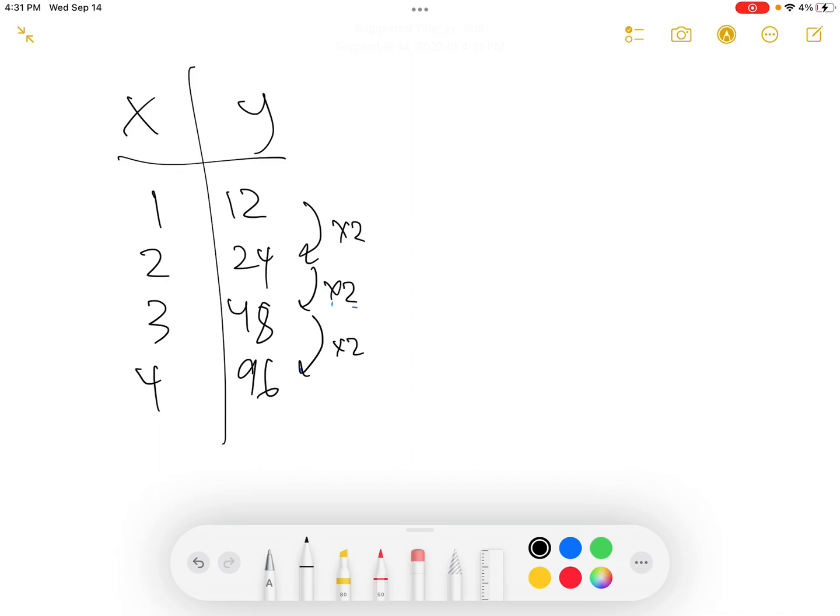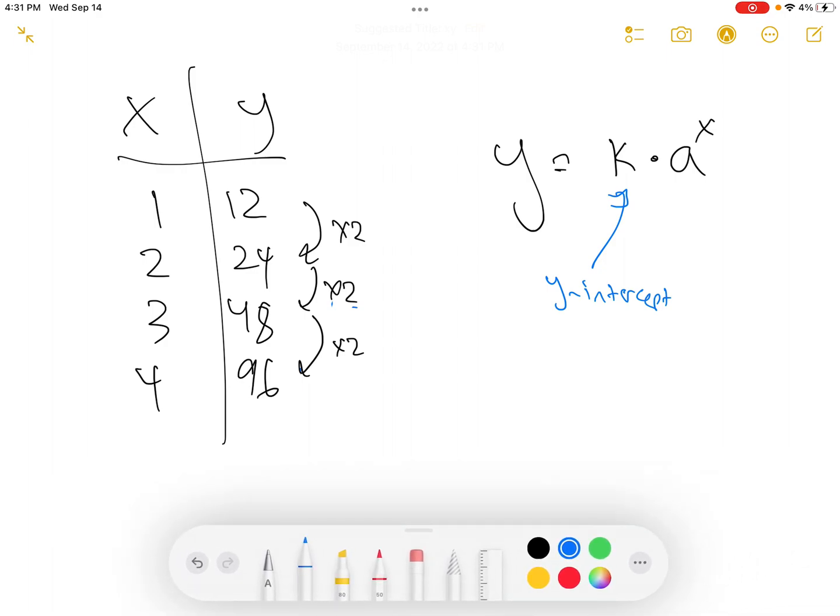Now, anything exponential is always in the form y equals k times a to the x. Let's think about what these things stand for. K stands for your y-intercept, which again, in our example right here, is the y value when x is equal to 0.